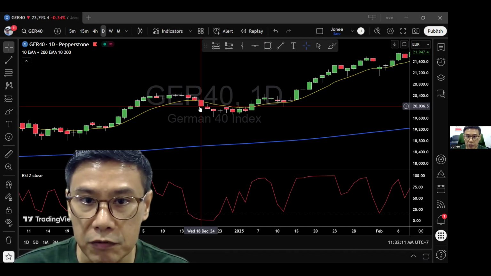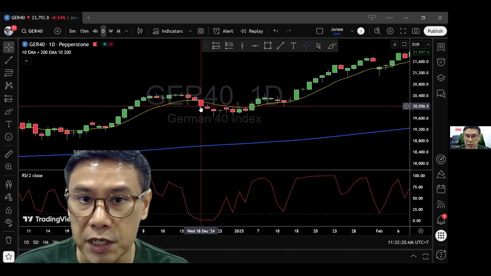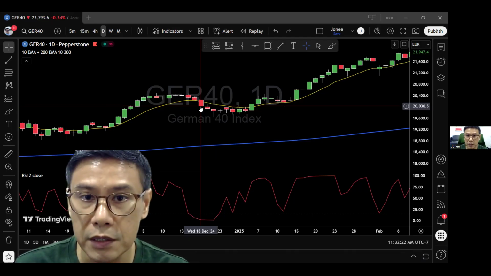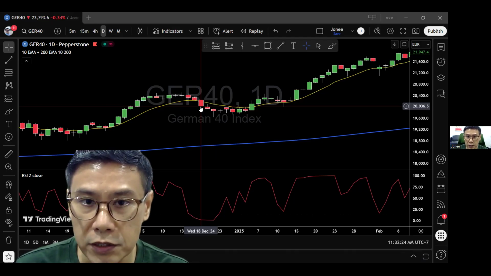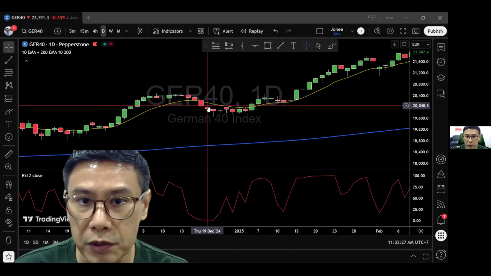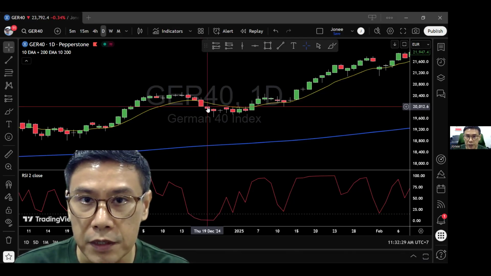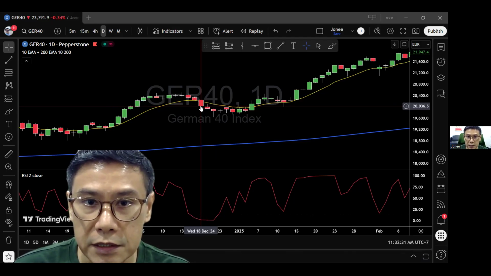So in this candle, this candle has majority of its body close below the 10 EMA, and RSI2 is now reading below 15.